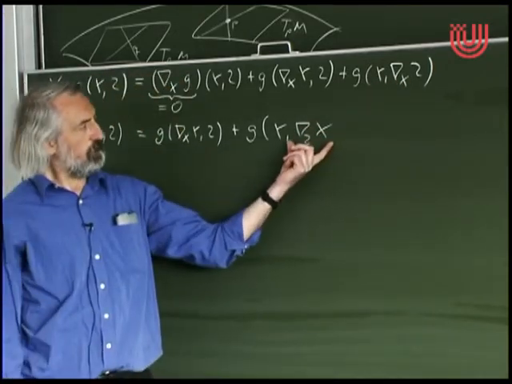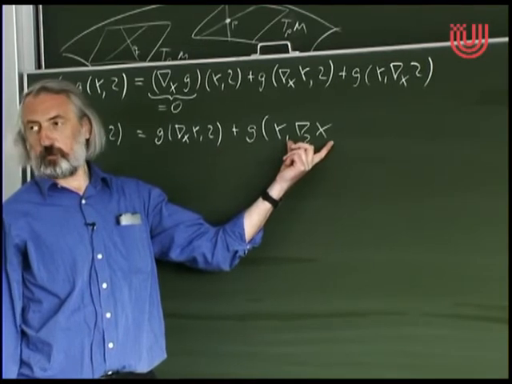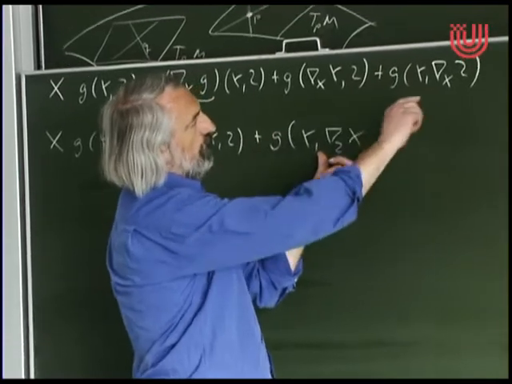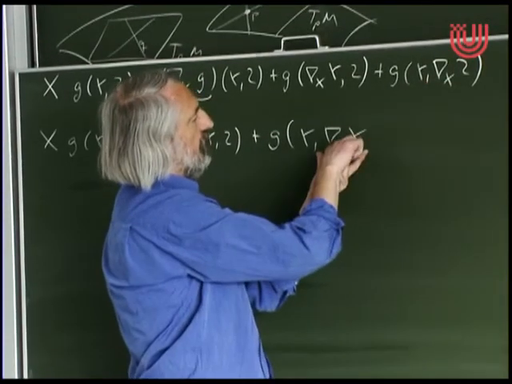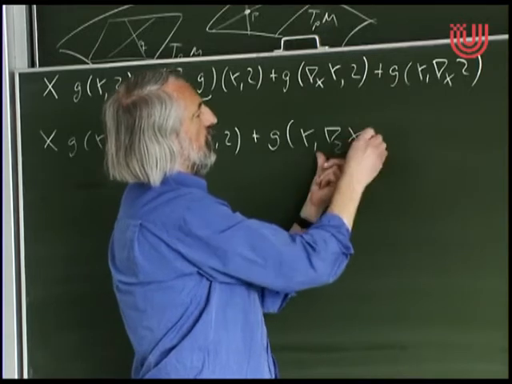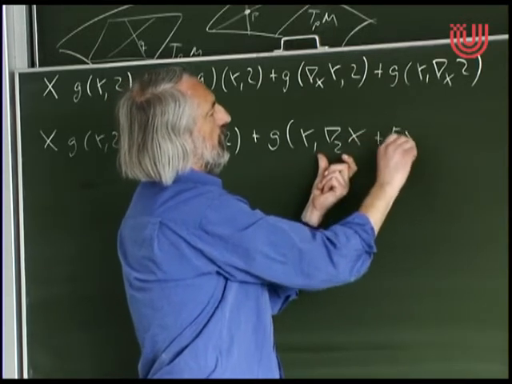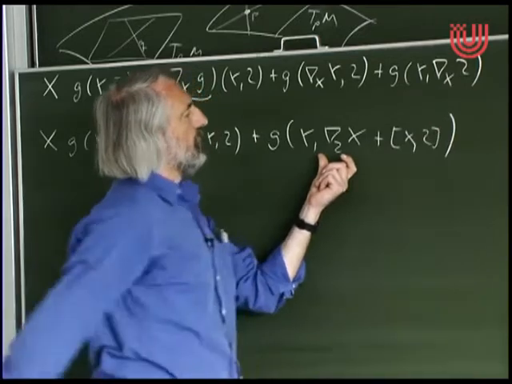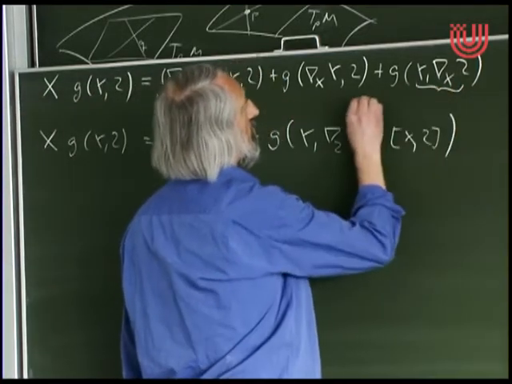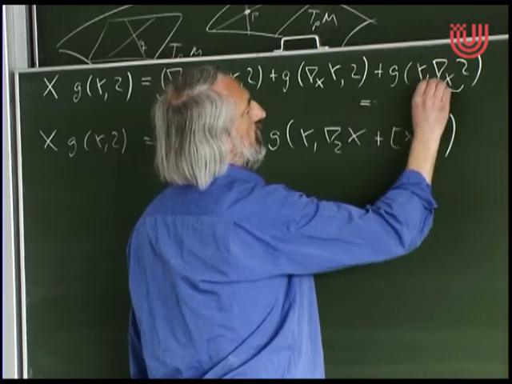So I can do this if I remember the definition of the torsion. The definition of the torsion was that the torsion of x comma z is this minus that minus this minus a Lie bracket. So if I put the Lie bracket here, x z, then I have equality. So this is, in general, no, only this expression here.